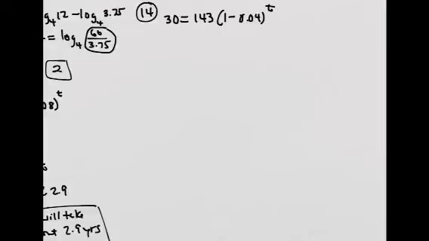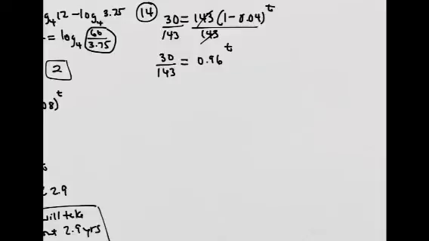The species is decreasing at a rate of 4% per year. The current population is 143, and you want to know after how long will the population drop below 30. So I'm going to divide by 143. So that gives me 30 over 143 equals 0.96 to the t.